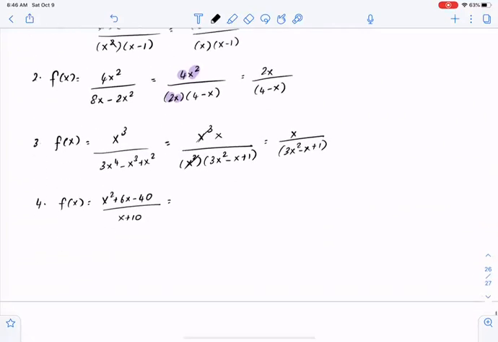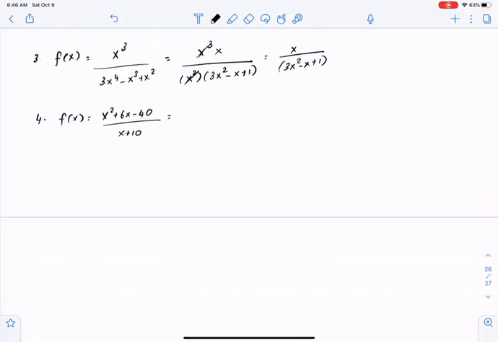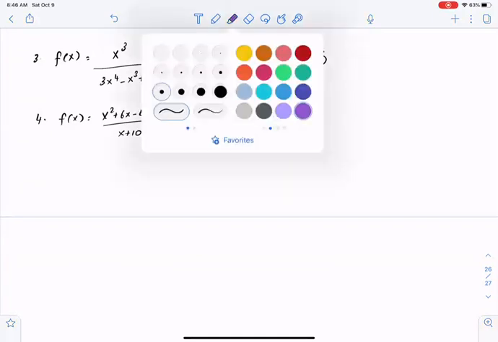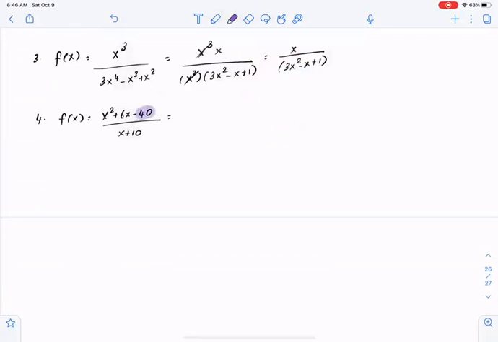So the numerator can be factored. So we have a negative 40. We've got to come up with two numbers so that I get positive 6x. So I could write it as 10 times negative 4. Now I can factor the numerator.